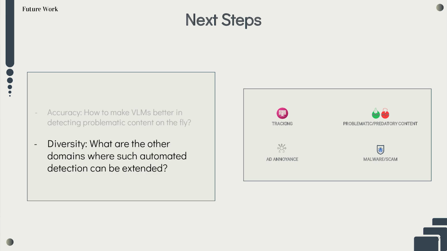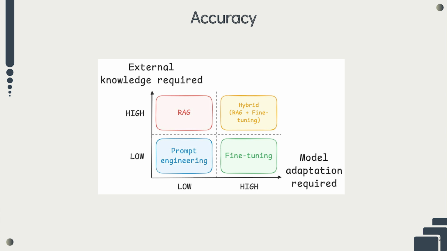To deep dive into the accuracy aspect, this is a typical machine learning chart that someone sees when they want to increase their accuracy around any classification task. Looking at this, we found that we have explored the extent of prompt engineering.